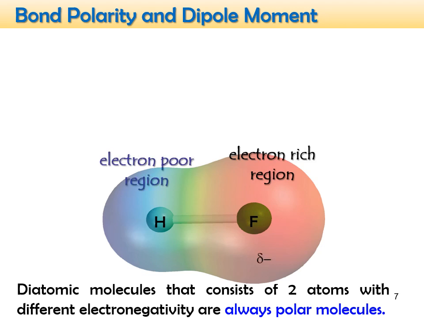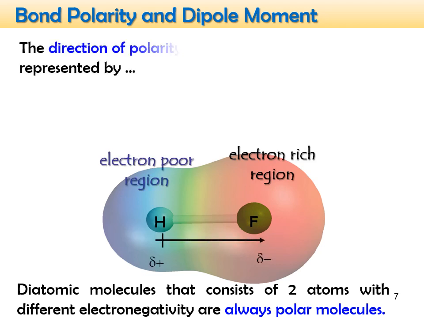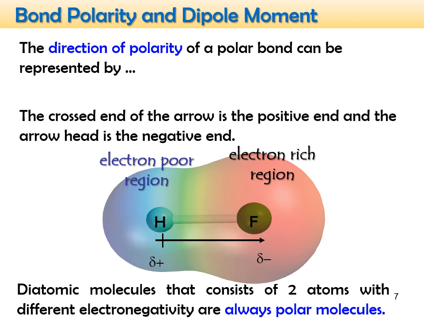Let's have a look at this example of hydrogen fluoride. If you have hydrogen fluoride, this is the representation of the electron density.